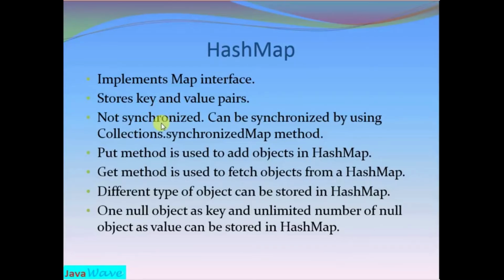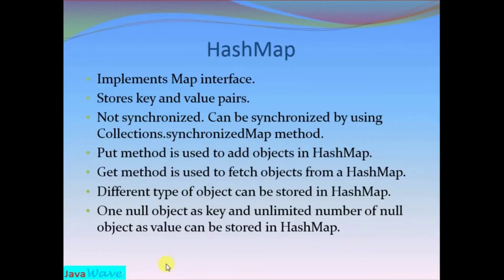It is not a synchronized data structure, and it can be synchronized by using the Collections.synchronizedMap method. The put method is used to add an object in a hashmap, and the get method is used to fetch an object from a hashmap. Different types of objects can be stored in a hashmap if we are not using generics in our code. One null object as key and an unlimited number of null objects as values can be stored in a hashmap.